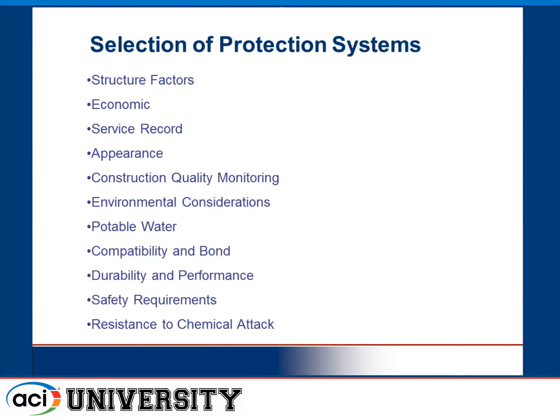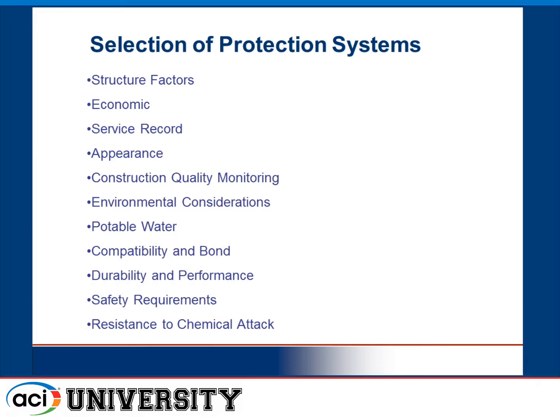The selection of the protection systems needs to be carried out, taking into consideration a holistic view of the structure. There are some important factors that are structurally driven that help us determine which is the most appropriate protective system to be used. And that may include the type of concrete that is being used, both on the surface and in the bulk, the exposure, environmental concerns.